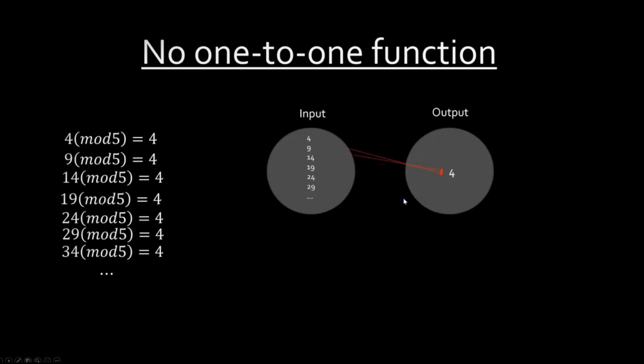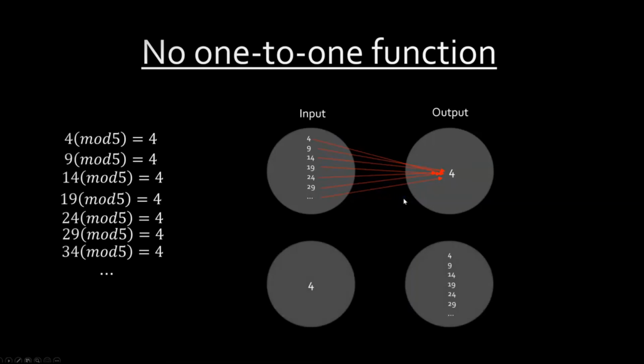Now, let's pretend there's a function out there that is the inverse of this modular operation. What we find is that 4 would have to equate to all of these numbers. And as we know, a function cannot have more than one output for a single input, and that pretty much makes it not a function.